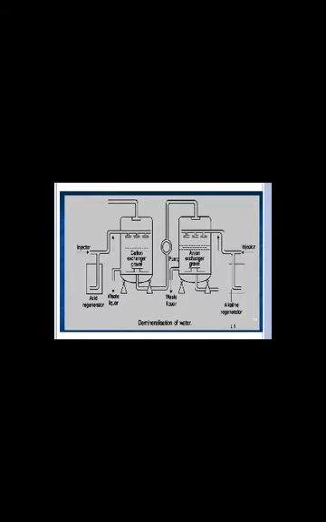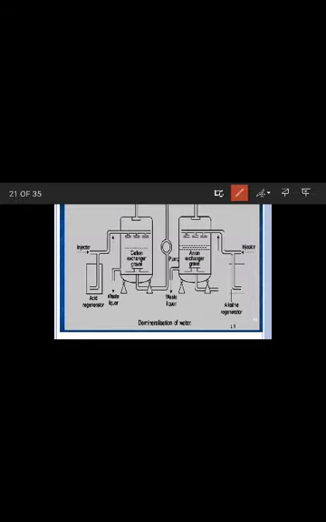This is the apparatus of the ion exchange process. In this, we are treating the hard water and getting demineralized water. Now let us see how we get the demineralized water with the help of the ion exchange process. In that, we have taken the hard water. The hard water is passed over the cation exchanger first.